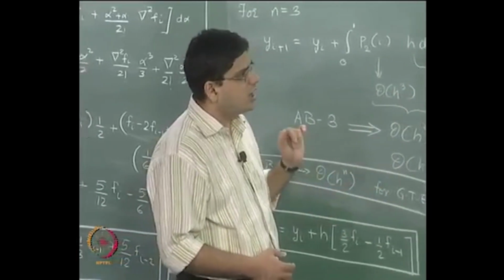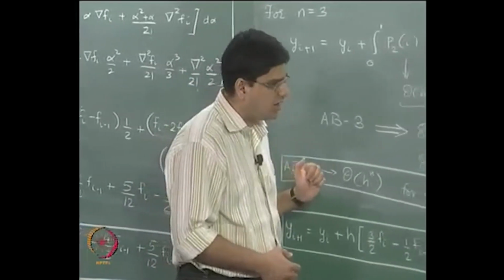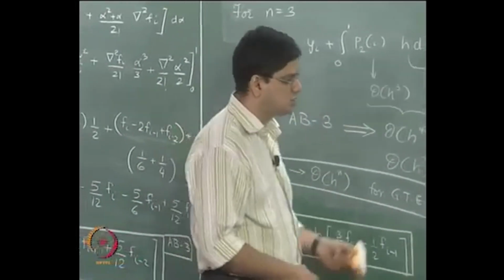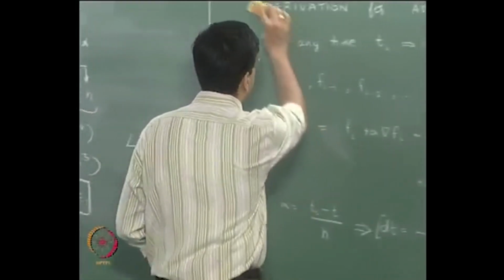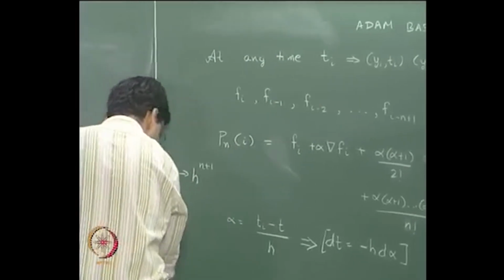method. Okay. I will not go over the derivation of the Adams-Moulton's method, but now I will talk about some practical issues in implementation of Adams-Bashforth's method, or in general for any of the multi-step methods.